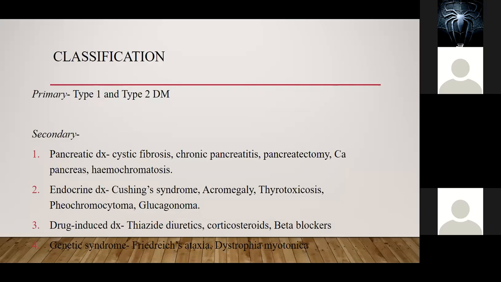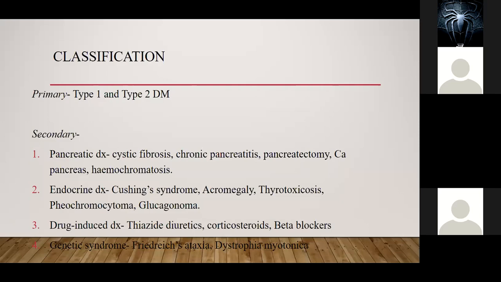You can say that this patient has diabetes mellitus secondary to maybe chronic pancreatitis, or secondary to CA of the pancreas, or carcinoma of the pancreas. Or sometimes you can have surgery where they end up having to remove your pancreas, which we call pancreatectomy. So then you develop diabetes, and this diabetes will be secondary to the surgery that you've had.